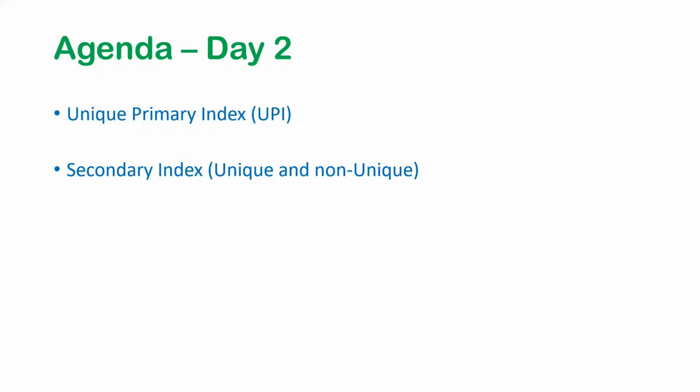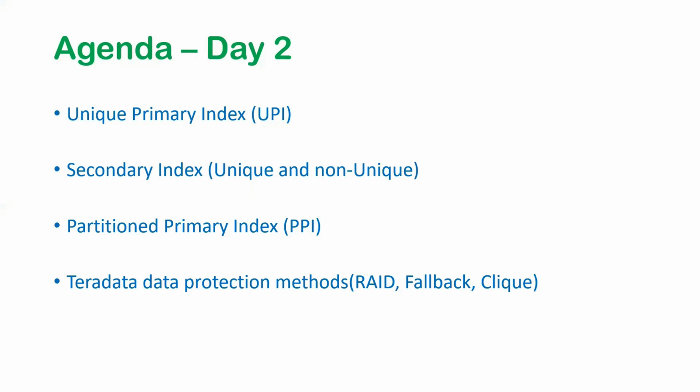In today's session, we are going to learn about unique primary index. What is UPI? How can it be created? What is secondary index, unique secondary index, non-unique secondary index? What is partitioned primary index, and what is skewness, what is 1 AMP operation, 2 AMP operations, and Teradata data protection methods.